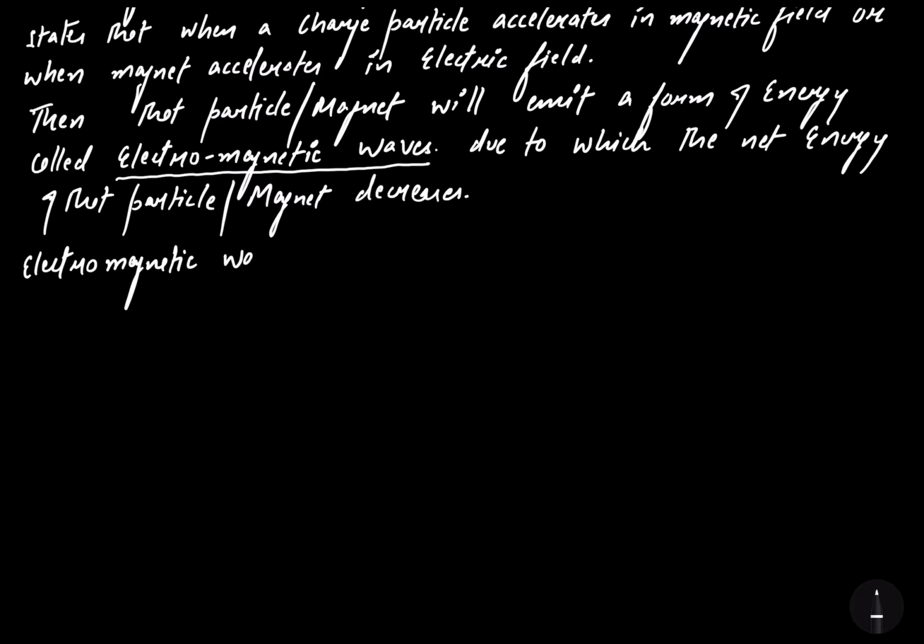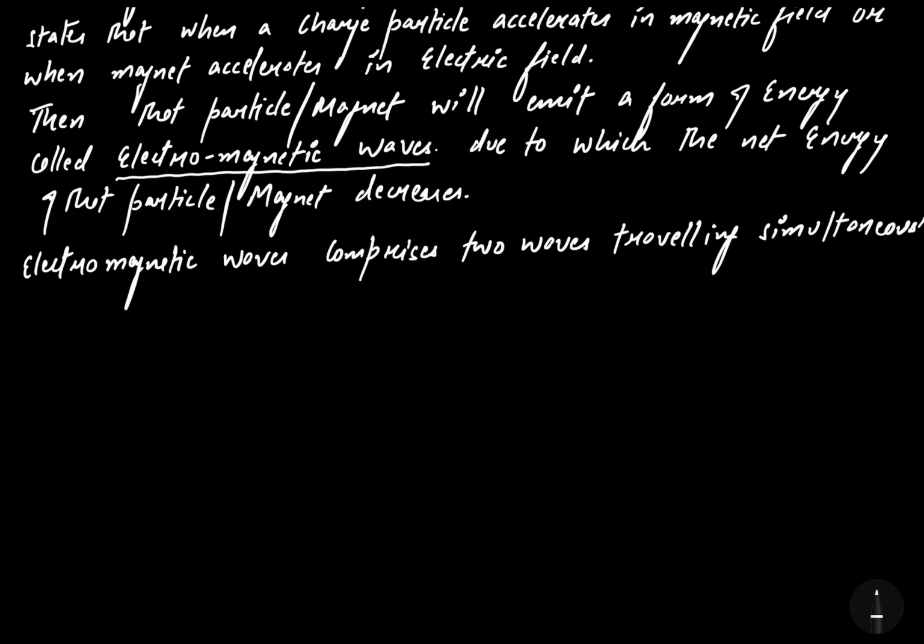Electromagnetic waves comprise two waves traveling simultaneously, that is electric wave and magnetic wave.